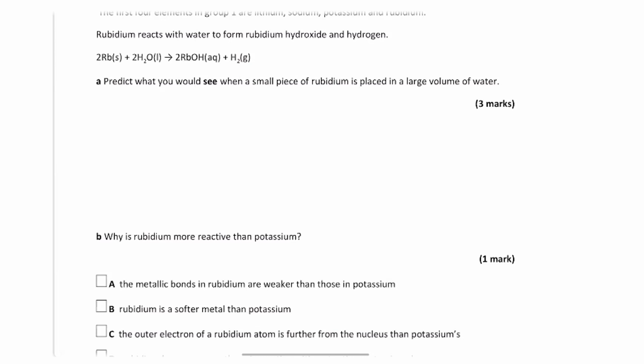So if we think back, the metal would have dropped in. It would have been moving around on the surface. As it was moving around, there might have been a flame coming off, or it might be fizzing.